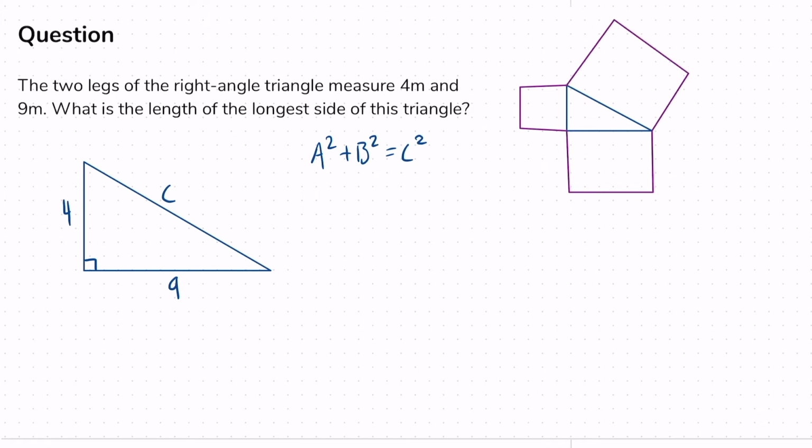Obviously we're going to do this numerically, so this is A, this is B, and that's still C. So I substitute A for 4, B for 9, and it doesn't matter which way around that. A could be B or B could be A for this. C squared. So 36 plus 81 equals c squared.